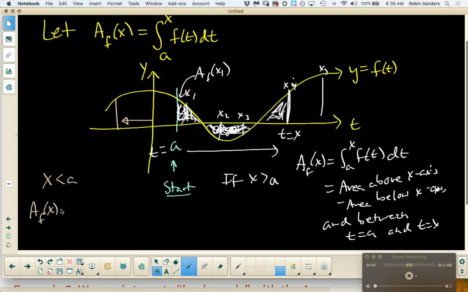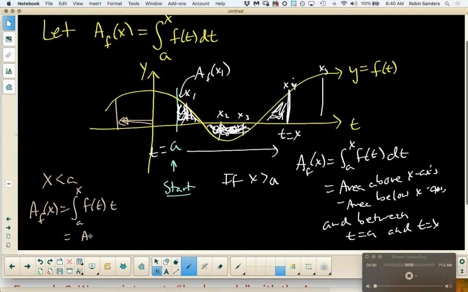A of x is still going to be the integral from a to x of f of t dt, but in this case, the bottom endpoint is the big one, so we are integrating backwards.